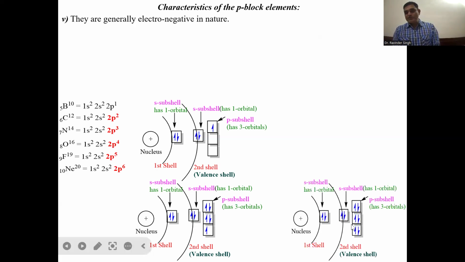Neon is the exception here, because neon has a fulfilled electron configuration. It cannot lose electrons, and it cannot gain electrons. All other elements like oxygen and fluorine want to achieve the neon-like configuration by accepting electrons. The number of electrons which can be gained by these elements depends upon their electron configuration.